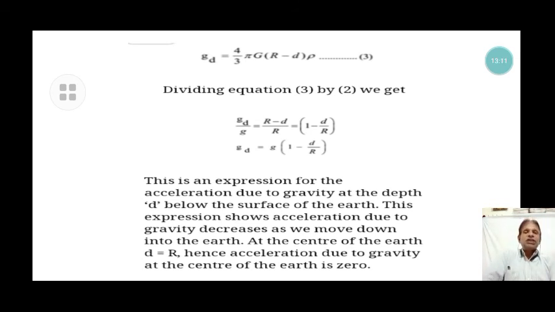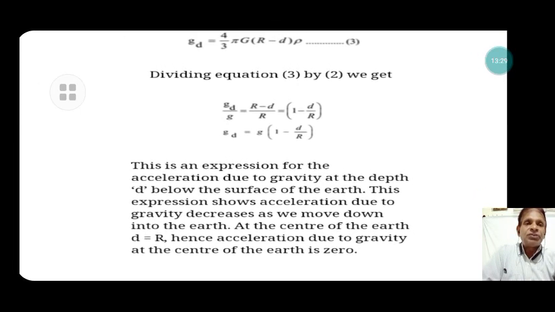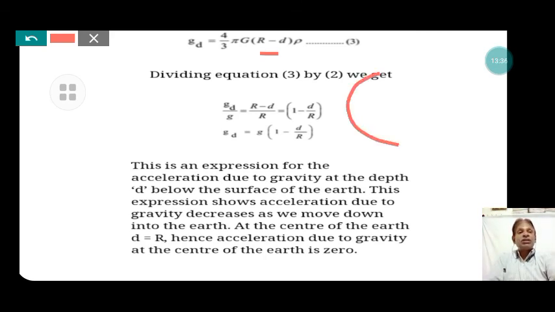This expression shows that the acceleration due to gravity decreases as we move down into the earth. At the center of the earth, D is equal to R. Hence, the acceleration due to gravity at the center of the earth becomes 0, as R minus D is equal to 0.